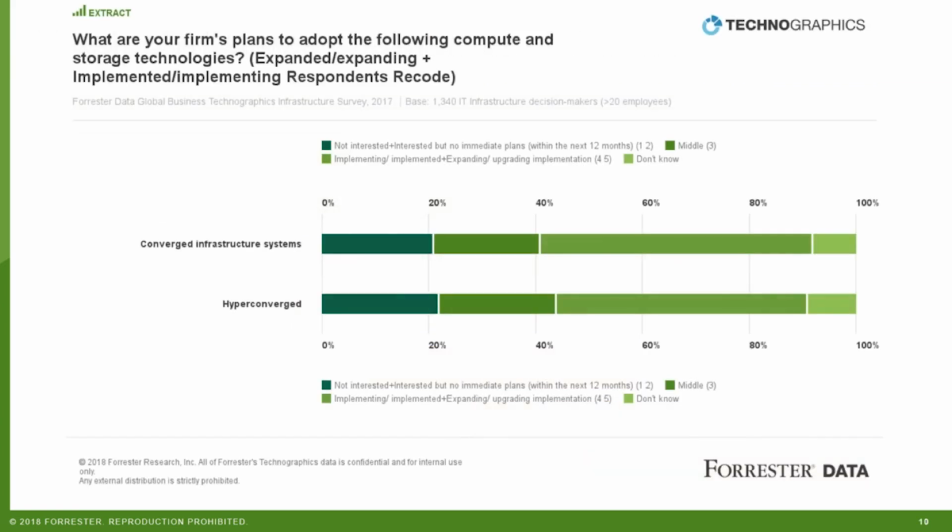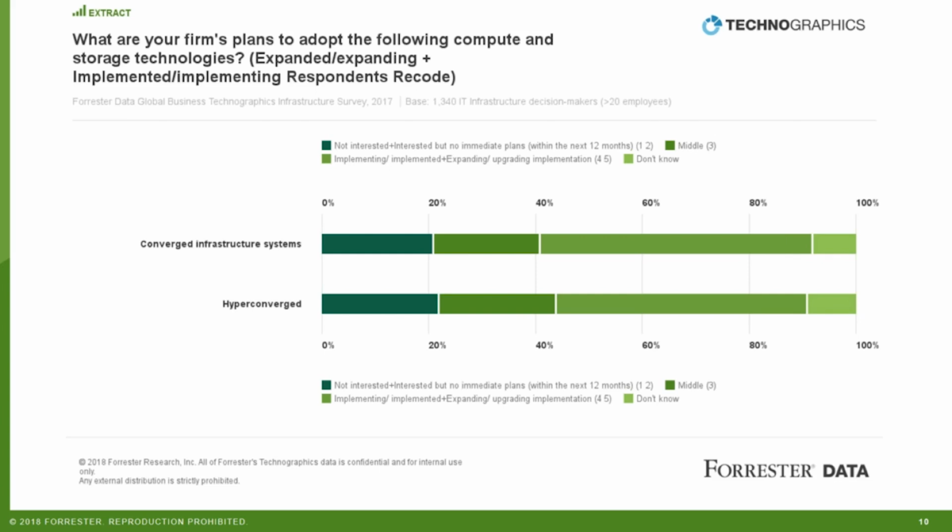And when we ask people what is your adoption at this point of these technologies, we talk about converged and hyperconverged. The distinction is that hyperconverged usually includes network as part of the equation. Converged infrastructure includes both storage and the server compute side of things. You'll see that most folks are not only implemented, but expanding at this stage.